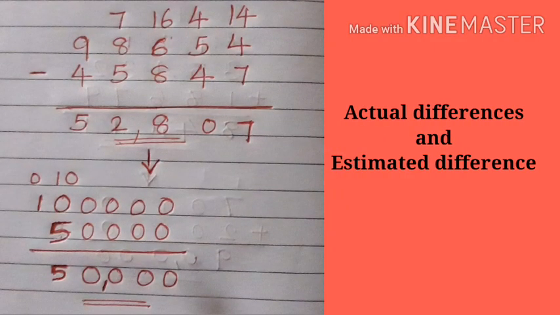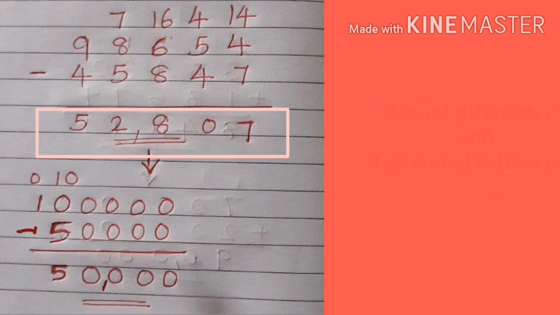Then the next one, actual difference and estimated difference. Here the question is 98,654 and 45,847. Subtract these two numbers, we get 52,807. Then find out the estimated difference.